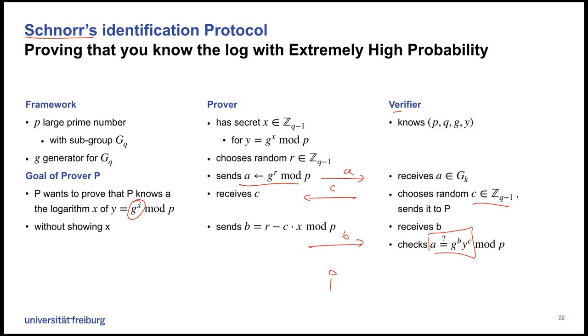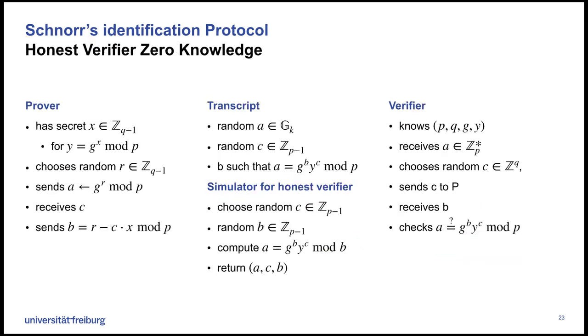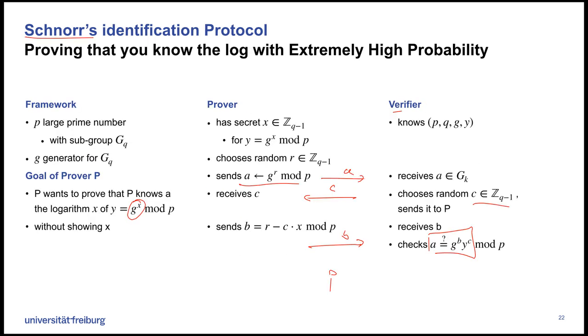But if you look at these messages here, then this is statistically very close to perfect zero knowledge, and so we need an honest verifier, and then it's perfect zero knowledge, because then we can rely on random choice.